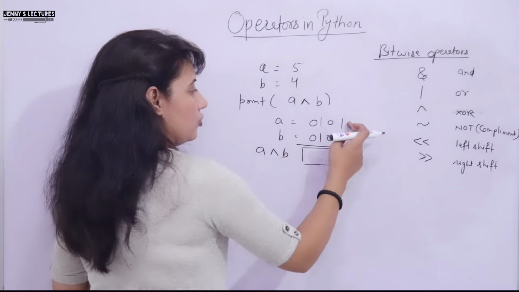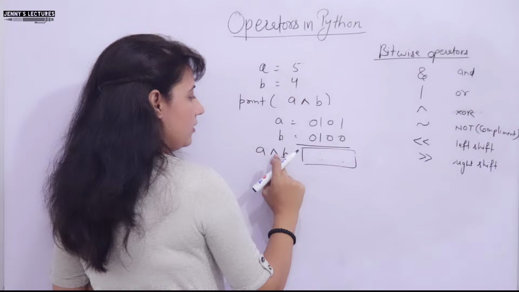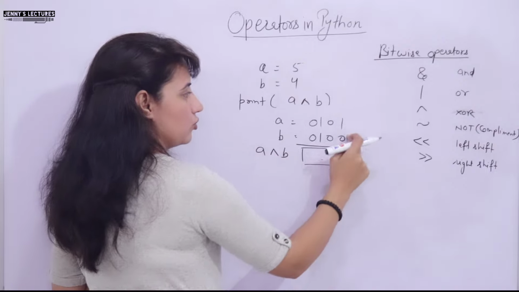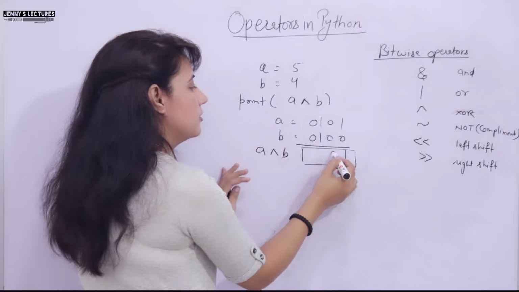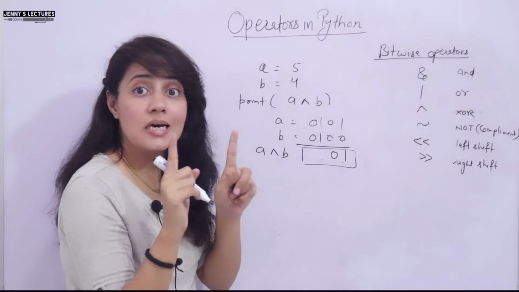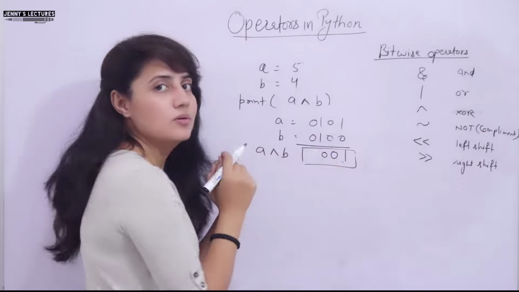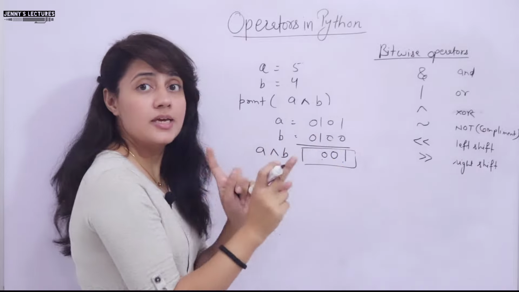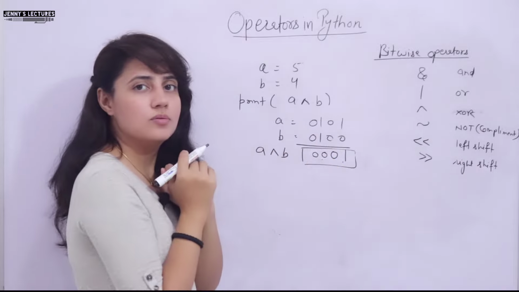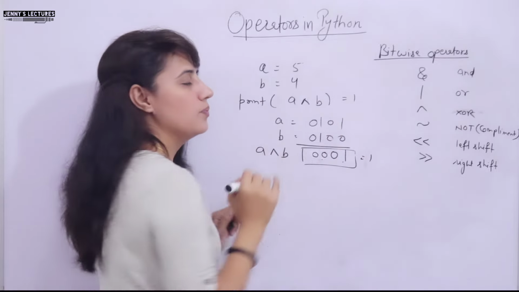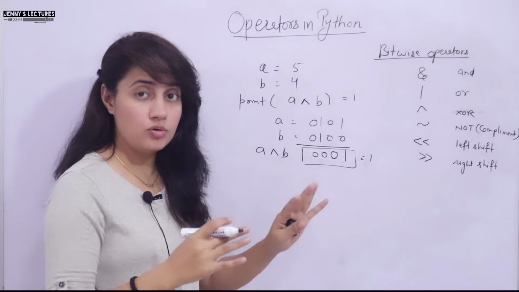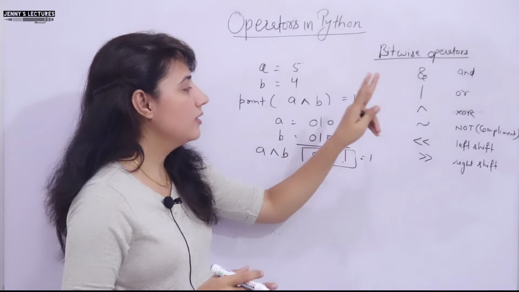Let's see. 1 XOR 0, both bits are different, so it will give 1. 0, 0, both bits are same, 0. 1, 1, both bits are same, so it will give 0. 0, 0, both bits are same, so it will give 0. So the decimal of this is 1. So I hope you got working of bitwise AND, OR and XOR.